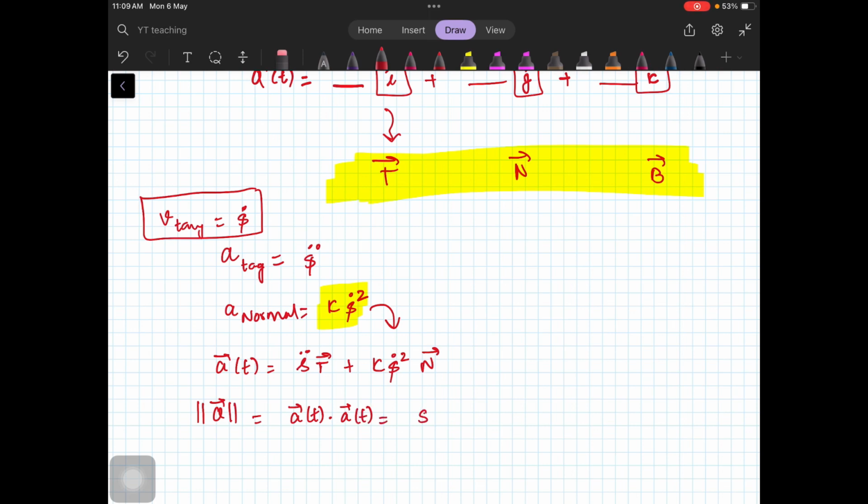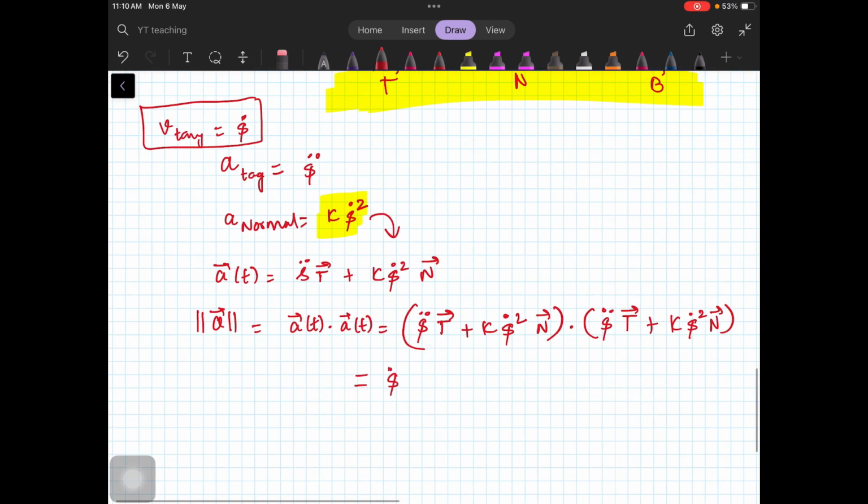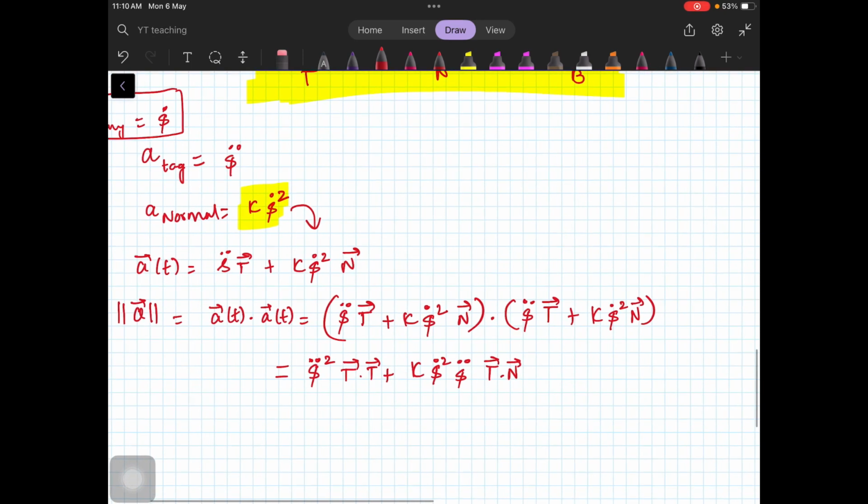So I can write it as s double dot T vector plus kappa s dot square N vector, dot product with s double dot T vector plus kappa s dot square N vector, and then I can write it as s double dot square T vector dot T vector, plus kappa s dot square s double dot T vector dot with N vector, plus kappa s dot square s double dot N vector dot with T vector, plus kappa square s dot raised to power 4 N vector dot with N vector.